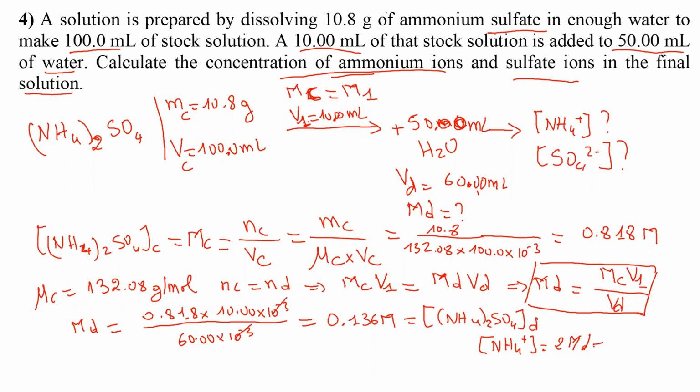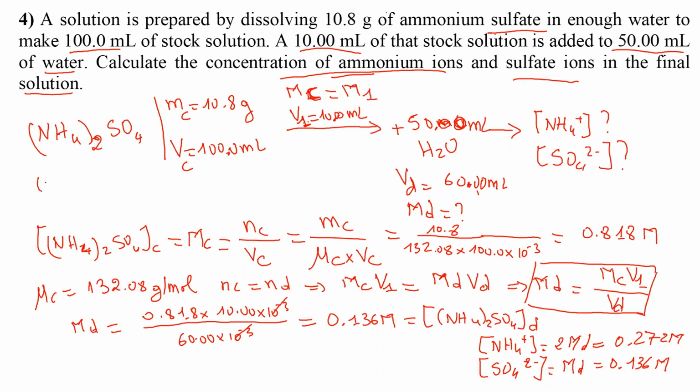Then this will be equal to 0.272 mole. On the other side, the concentration of sulfate ion is exactly equal to the concentration of ammonium sulfate, and this is equal to 0.136 mole.